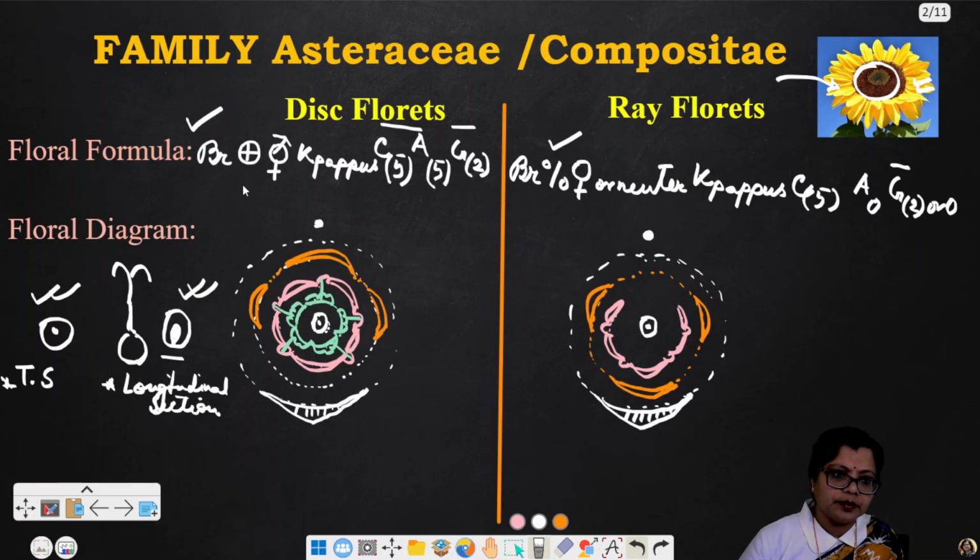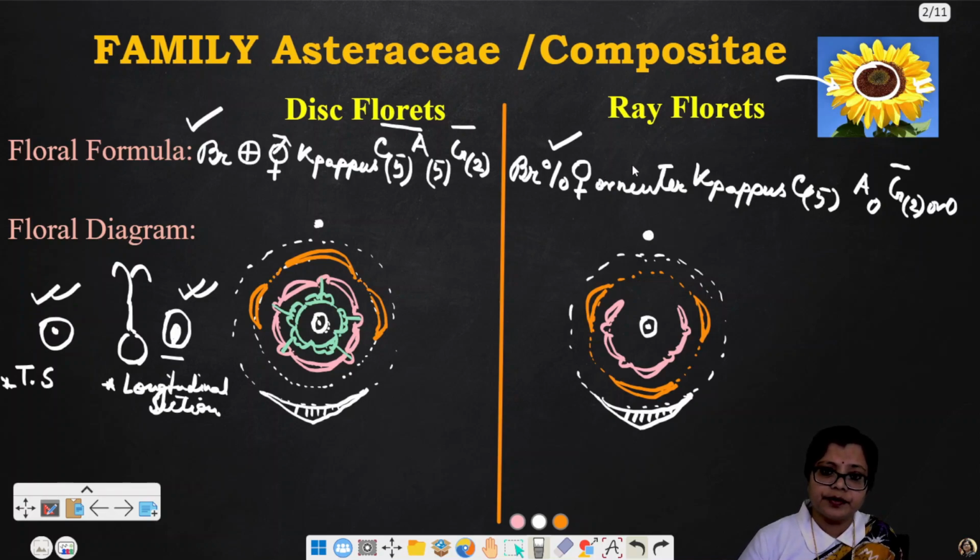This symbol that we have used, this circle plus sign, actinomorphic radial symmetry, which is responsible for the disc floret. But for the ray floret, that is bilateral symmetry, so this sign has been used. For the disc floret, it is bisexual, so we have used this symbol.